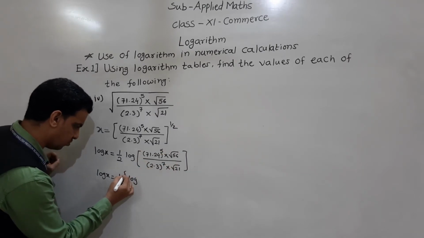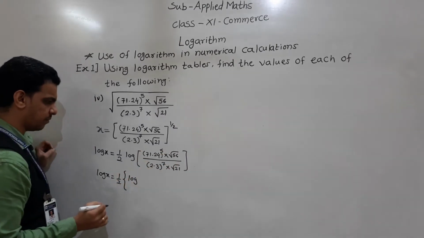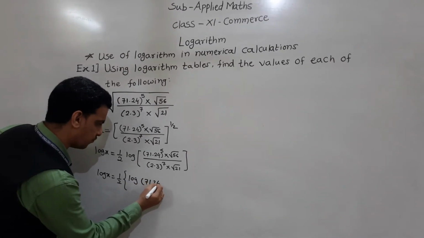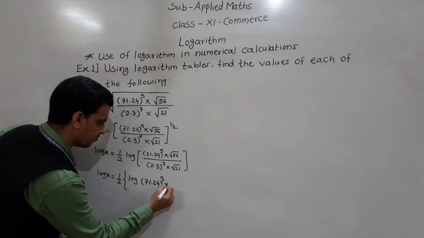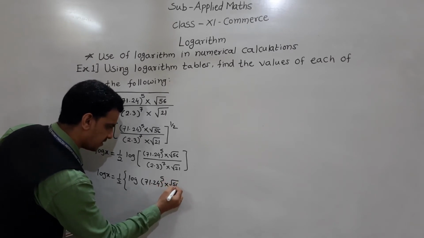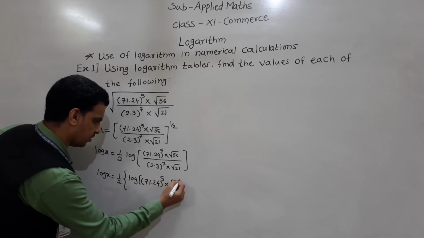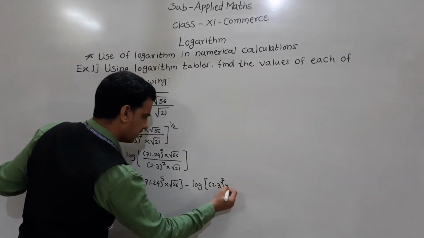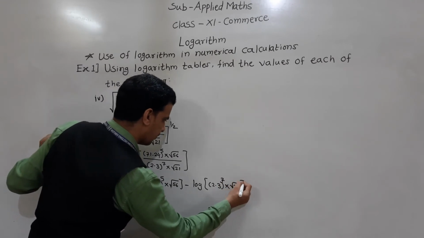So half into, here we give curly bracket, log of 71.24 raised to 5 multiplied by root 56, okay, minus log of 2.3 raised to 7 multiplied by root 21.